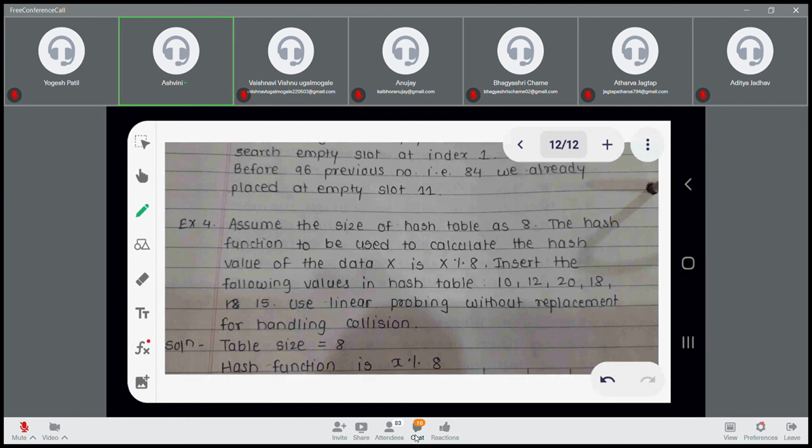I'm not going to solve it on the live board. Tell me the indexes. You can write them in the chat box also for each and every number.